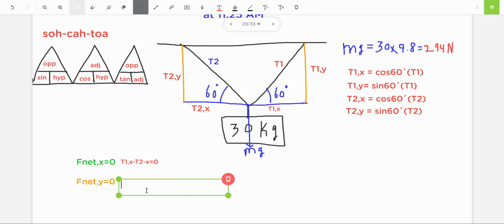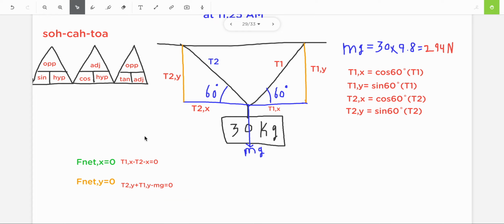And for the y-axis it's T2y plus T1y minus mg equal to 0.